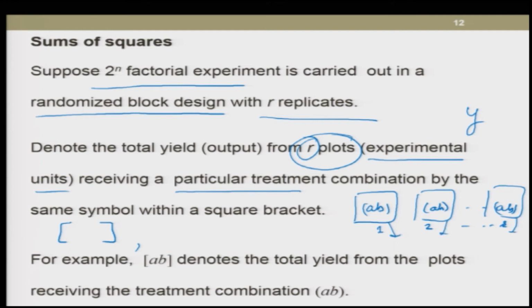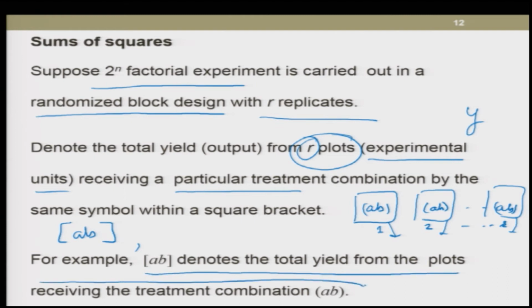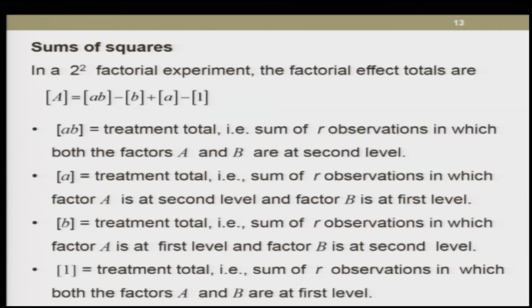So, if I write small ab inside the square bracket, then this denotes the total yield from the plots receiving the treatment combination ab. So, this is going to be some numerical value, right. Whenever we write a value inside the square bracket, that means it is some numerical value.